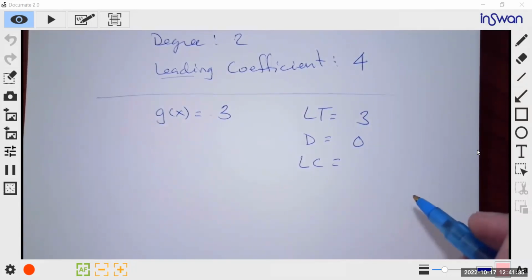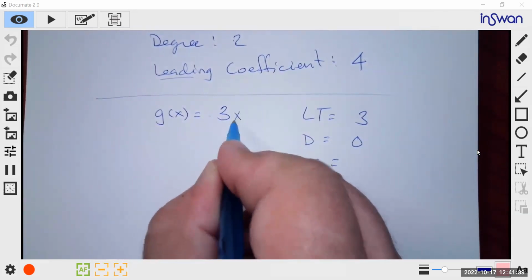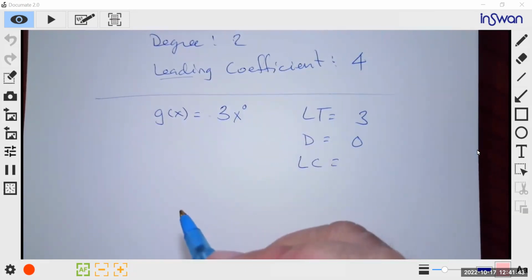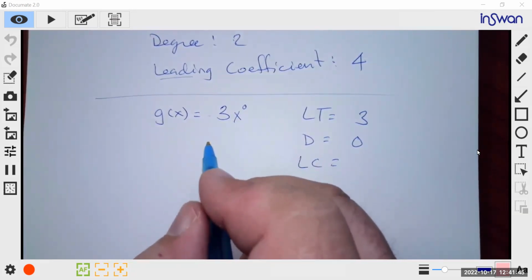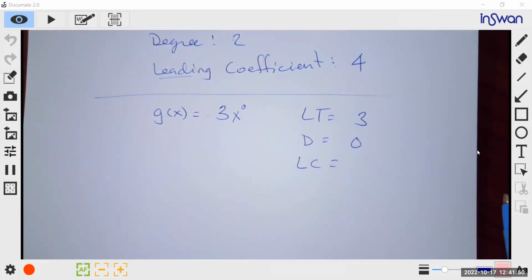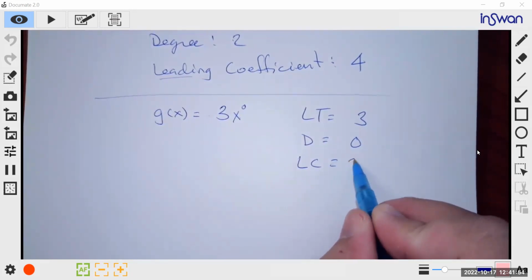Because why is it 0? If it had an x, but it has 0, so it's not there. If there was an x there, then it'd be 1 or whatever number. But since there's no x there, the degree is 0. And the leading coefficient is 3.